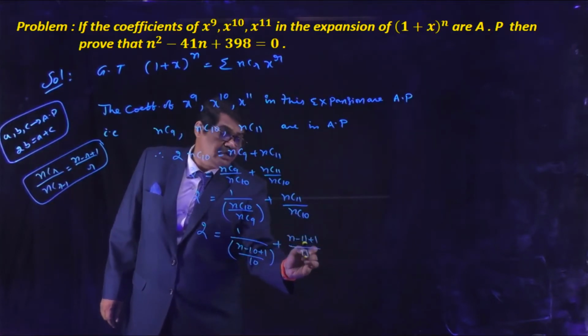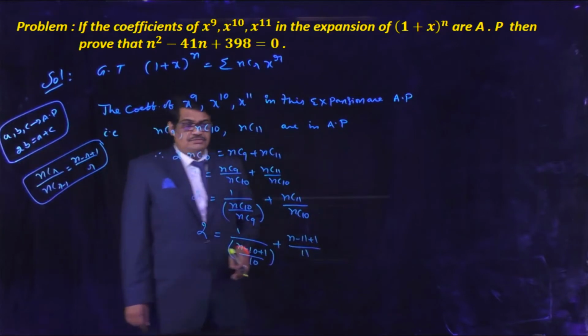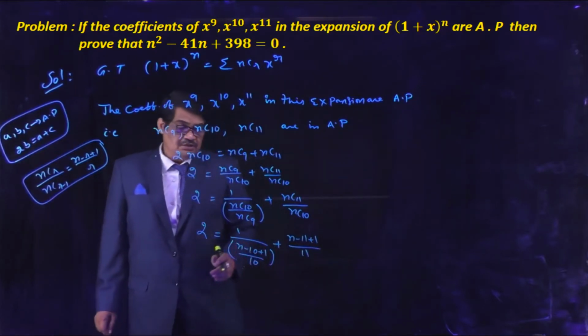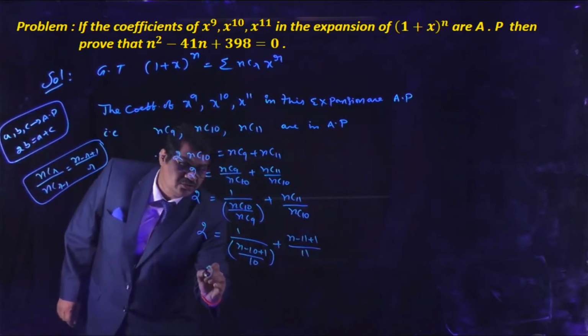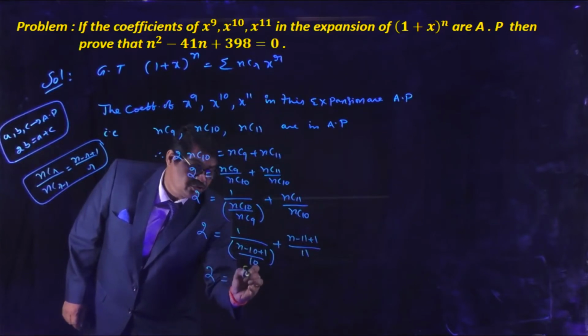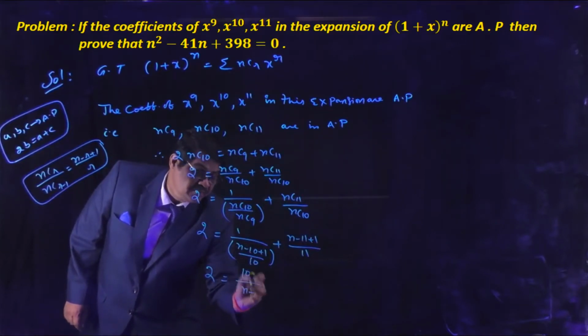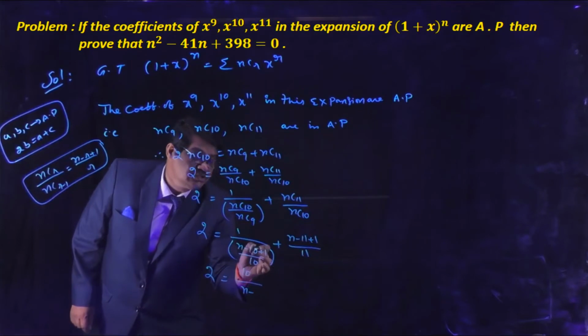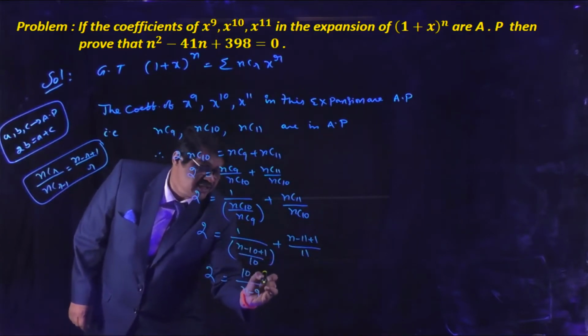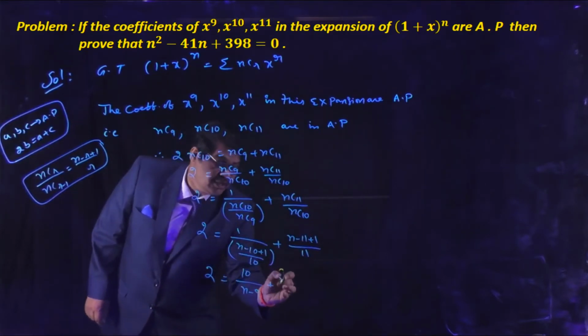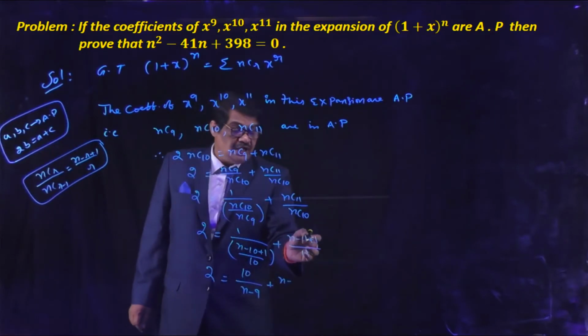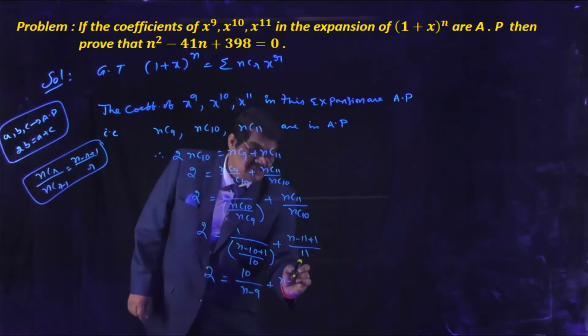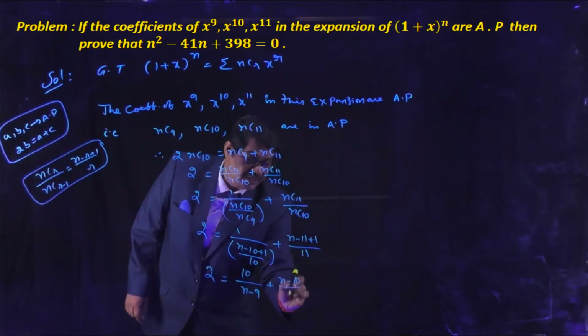Now we simplify this. 2 is equal to 10 moving to the numerator, divided by n minus 10 plus 1, that is n minus 9, plus n minus 11 plus 1, that is n minus 10, by 11.